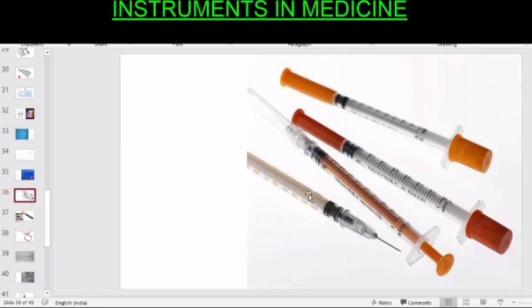Right. So one is through the bottle and a syringe. The other is using pens or refills. And the third you said is CSII, that is continuous subcutaneous insulin infusion pumps.